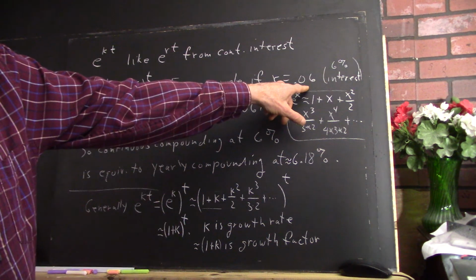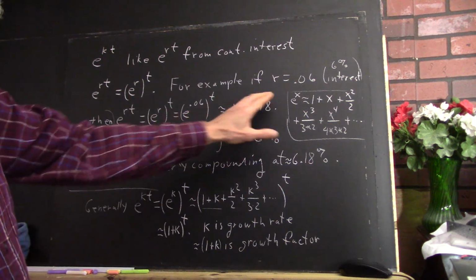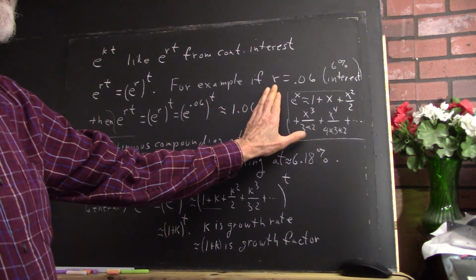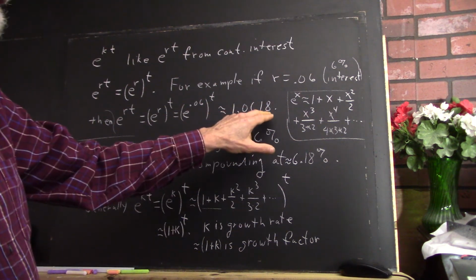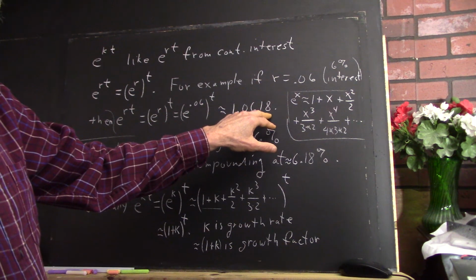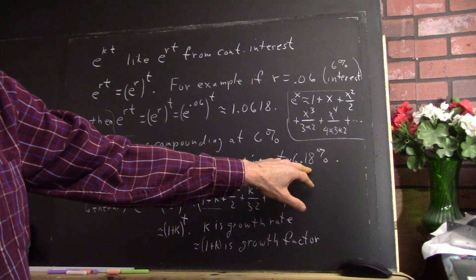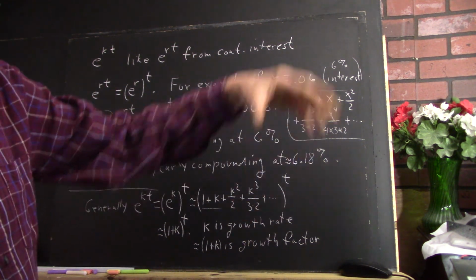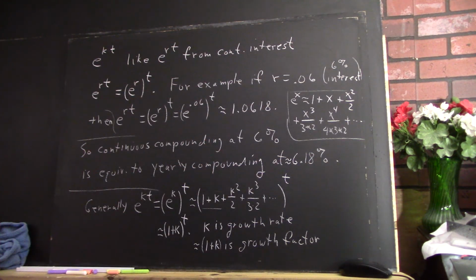For example, if k is 0.06, then using 1.06 is pretty close to being as good as 1.0618. Okay? The 18 doesn't make a whole lot of difference. But of course, if it's your investment over a period of 30 years, it does make a significant difference. Okay?